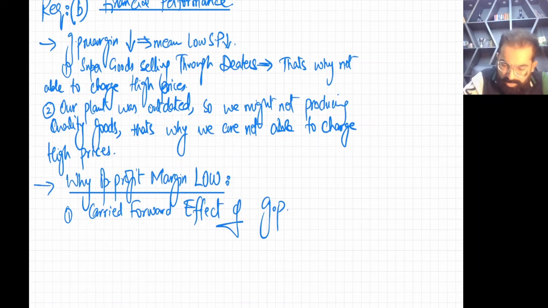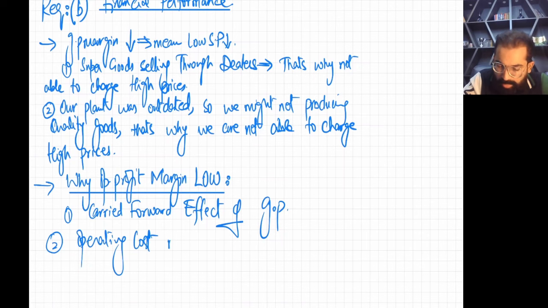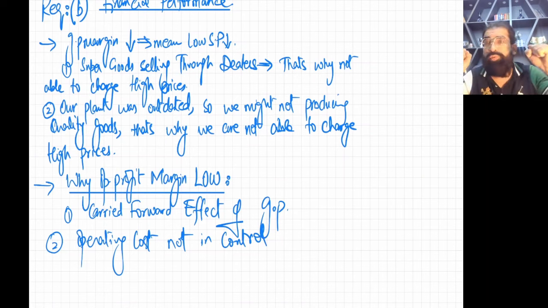The second reason is operating cost not in control. Okay, be confident, be confident. Confidence is the key.